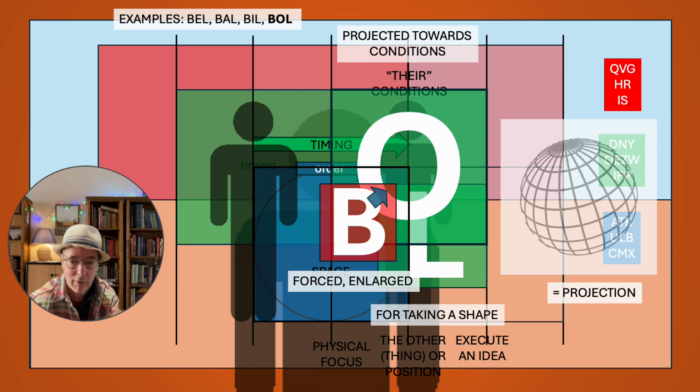The expression of L, of taking shape, follows these conditions of enlargement. So that is that projected way. It is understandable how BOL fits with that particular form, and it means something completely different from BAL.